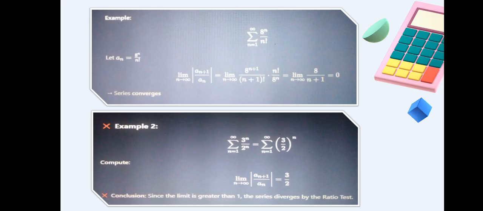To compute the limit as n approaches infinity of the absolute value of a sub n plus 1 over a sub n, it equals 3 over 2. So from this example, the limit is greater than 1 because it is 3 over 2. If the limit is greater than 1, the series diverges.